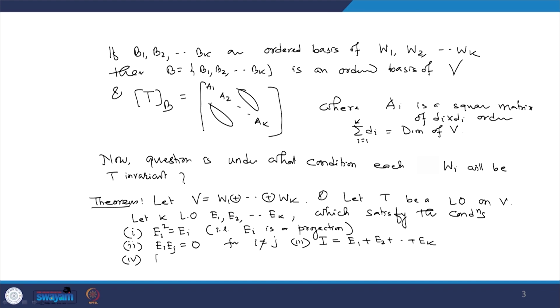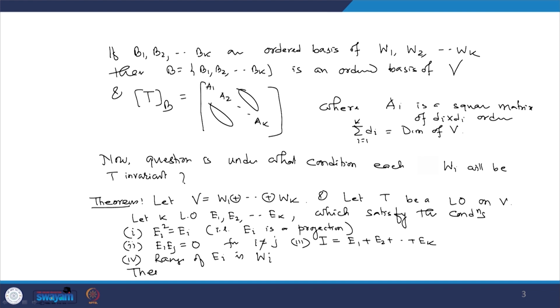Fourth, the range of Ei is Wi. So, let V be the direct sum of W1 to Wk and T a linear operator on V, and E1, E2, Ek be k linear projection operators satisfying the criteria 1 to 4.